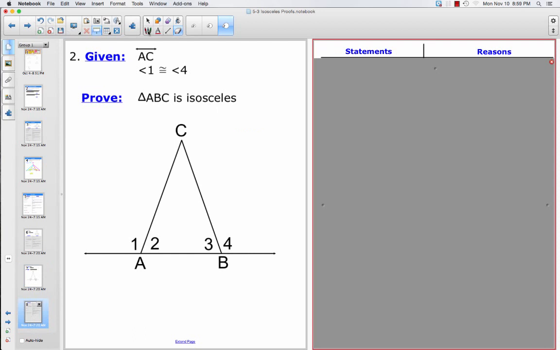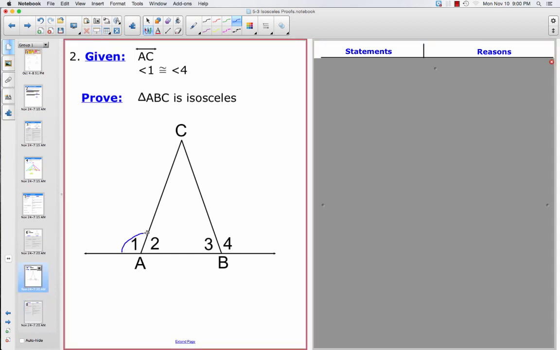We're told that angle 1 is congruent to angle 4. So we're not even proving any triangles to be congruent here. We're just proving that a triangle is isosceles. So 1 is congruent to 4. Well, 1 and 2 are supplementary, and 3 and 4 are supplementary, so that means that their supplements have to be congruent to each other.